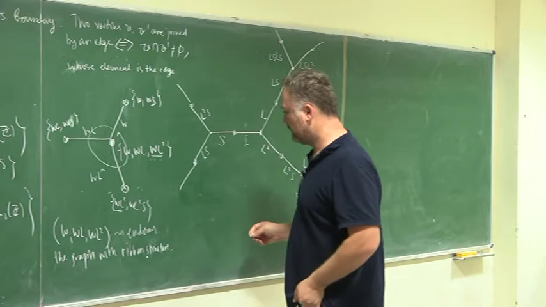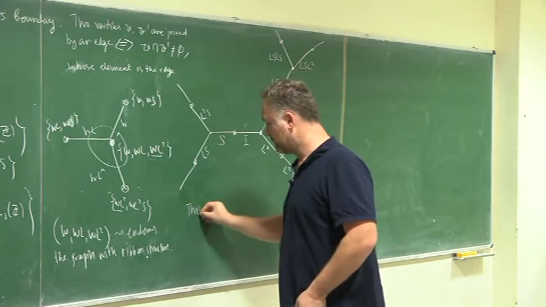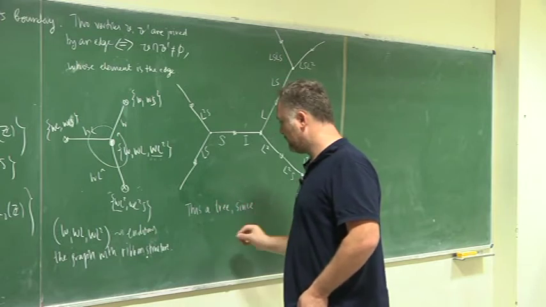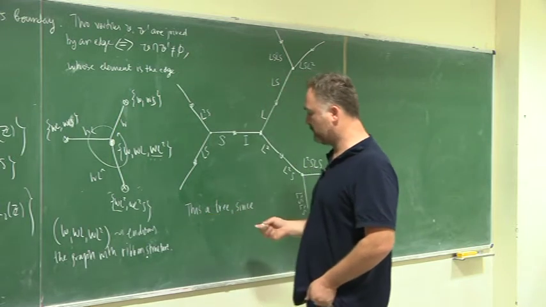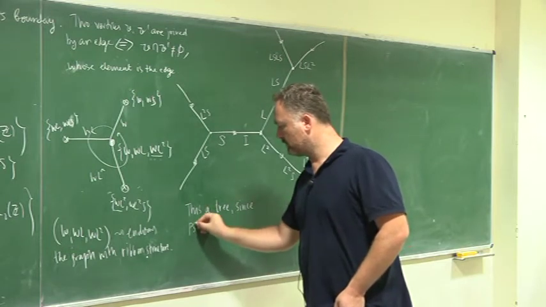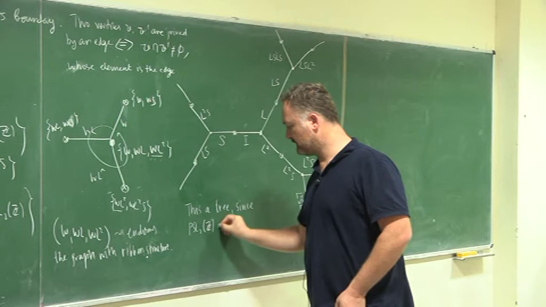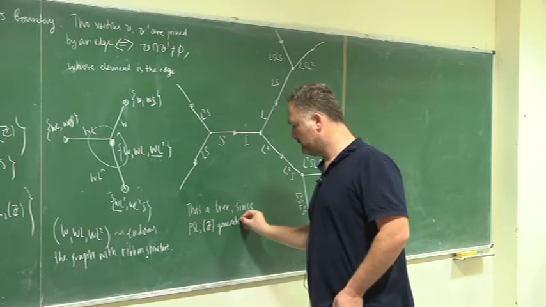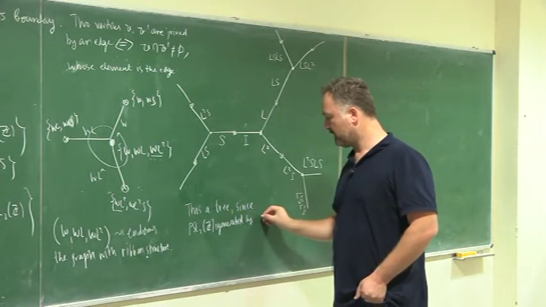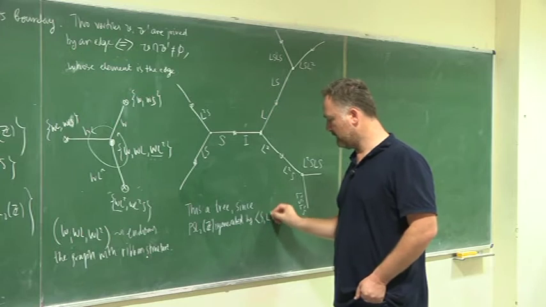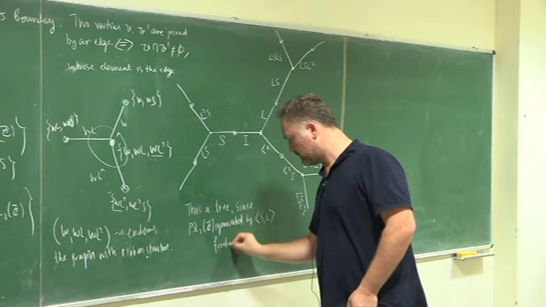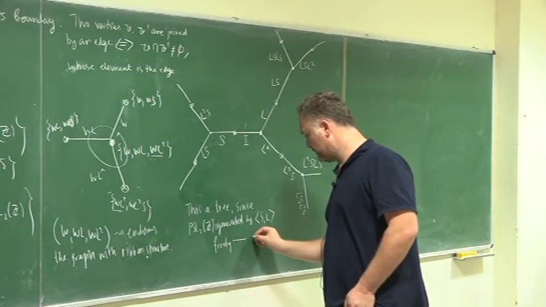However, in this case, this is a tree since, first of all, it must be connected, because PSL2Z is generated by the elements S and L. And since it is freely generated by these two elements, it has no loops, so it is a tree.